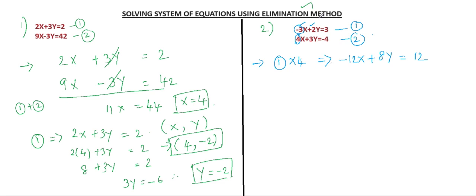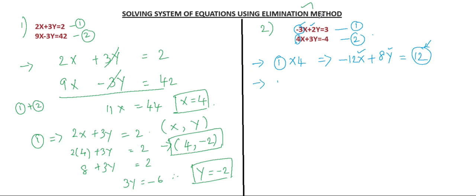You see that you are multiplying 4 throughout the equation. I have seen certain students multiply 4 with x and y, but they tend to forget the constant. Whenever you multiply any number with the equation, you do it throughout, both on the left hand side as well as on the right hand side. Then only you will get the correct answer.